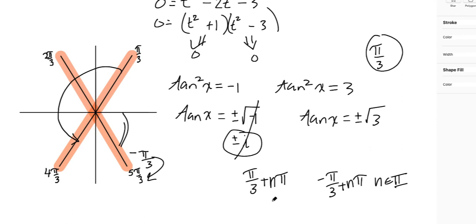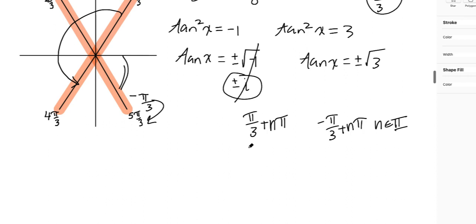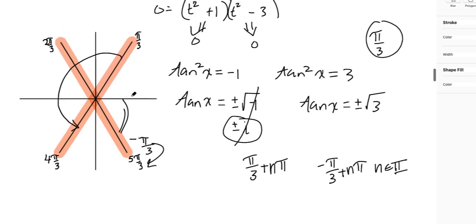I probably would not have thought about that and said 2 pi over 3 plus all possible values. Both answers are correct. It's fine. If you prefer the elegance or the kind of symmetry of pi over 3, negative pi over 3, cool. If this is how you thought of it, cool. All of it is good. It makes sense because it covers all of the possible angles.